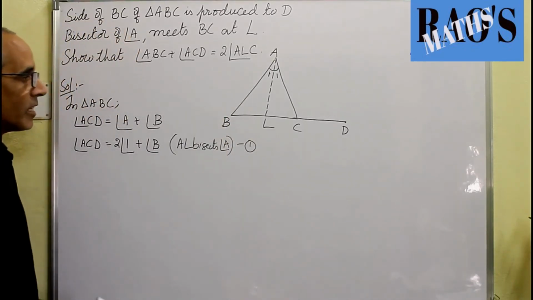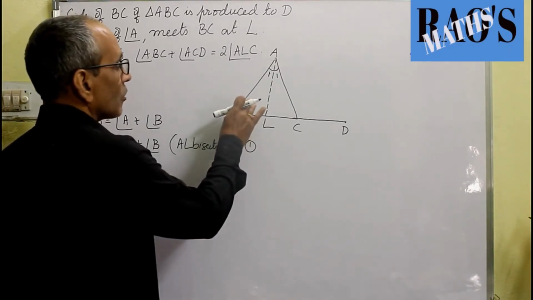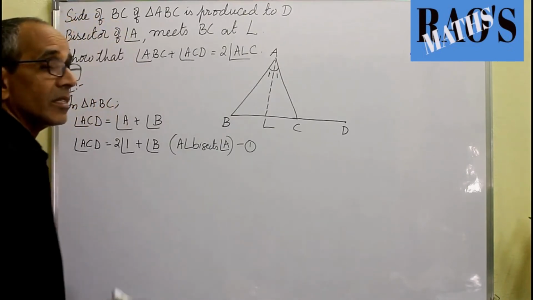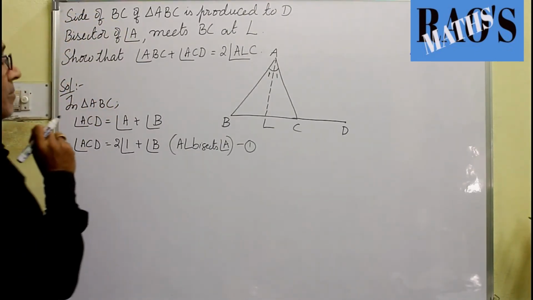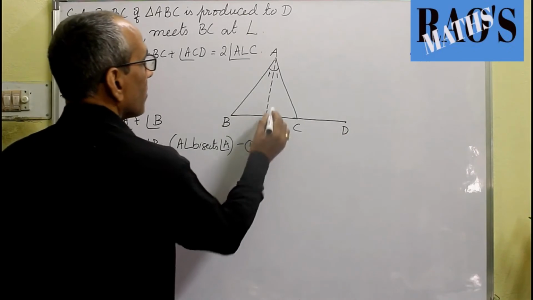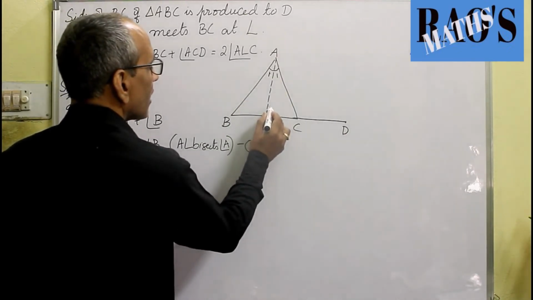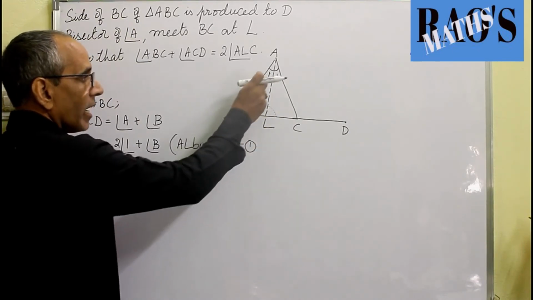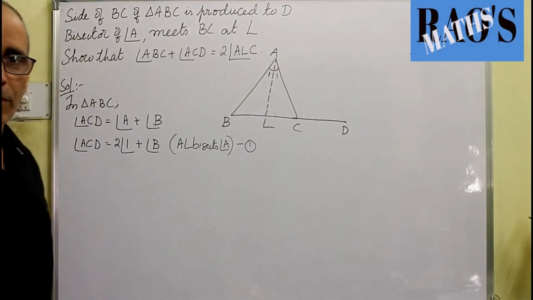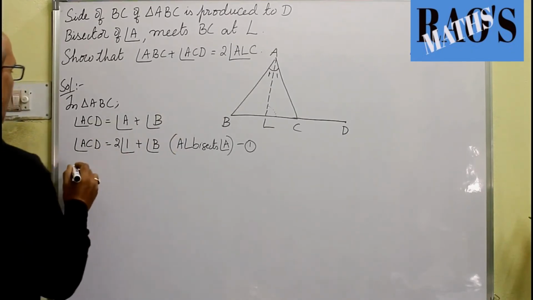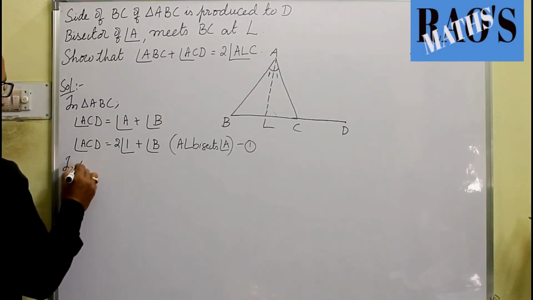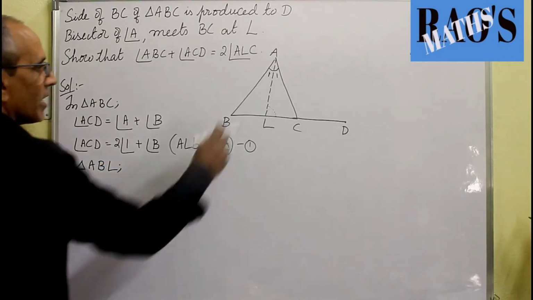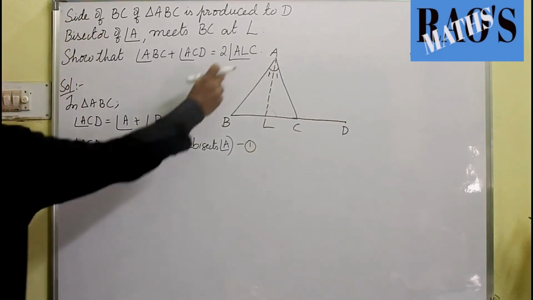Now I take this triangle, that is ABL. For ABL, ALC is the exterior angle, and this is the sum of B and 1. In triangle ABL, its exterior angle is ALC. See, here also we have ALC.